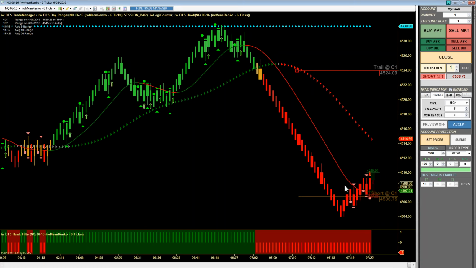Let's say the market was moving fast and I just wanted to get in and sell it. It's going to default to this quantity up here. So I could hit the sell market button, and now I'm short 2 contracts, and Trade Manager adjusts my trailing stop to reflect the 2 contracts. My break-even trigger also adjusts to reflect the 2 contracts.